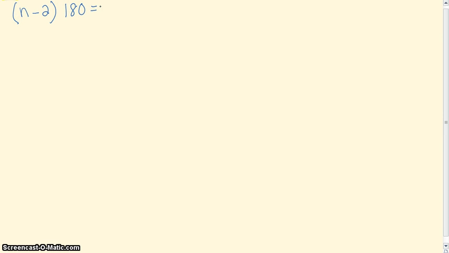where we have an expression for the number of triangles that can be built that gives us the sum of the measures of the interior angles of any polygon.